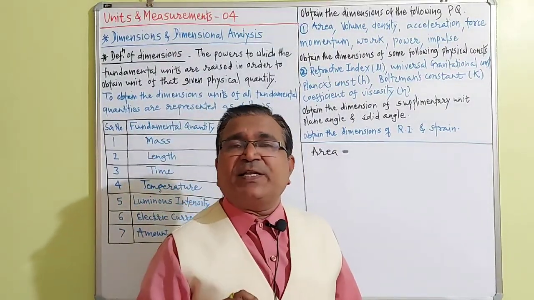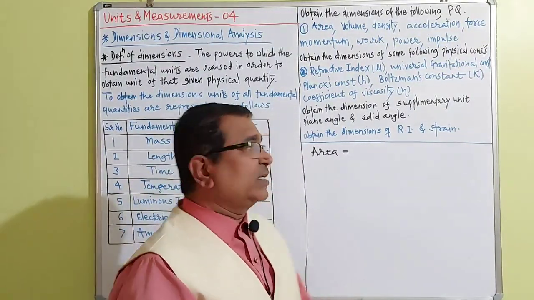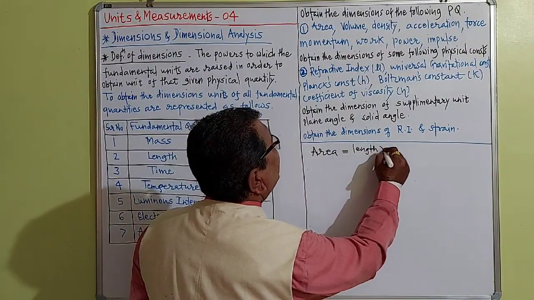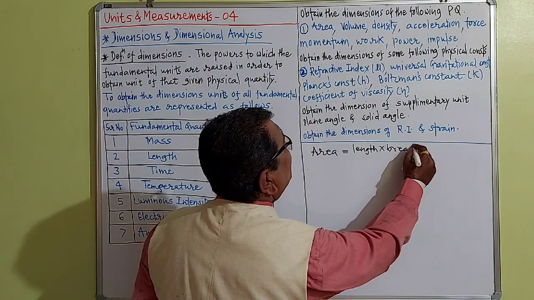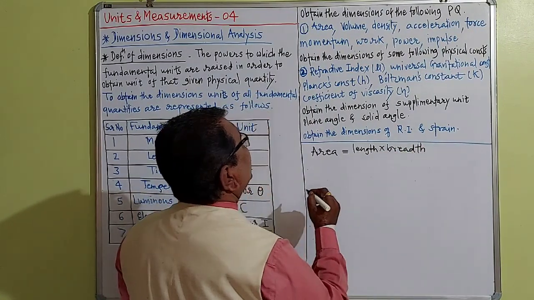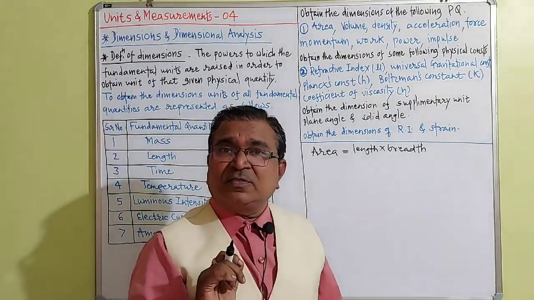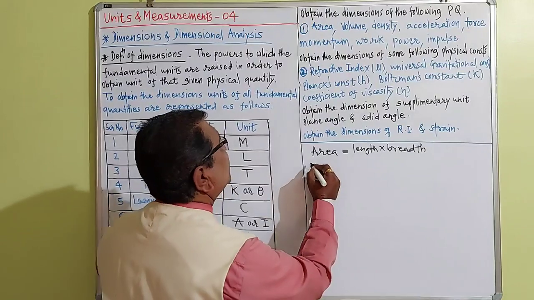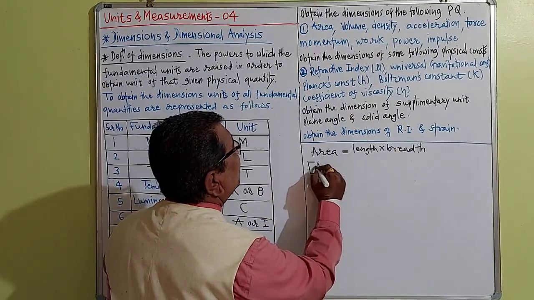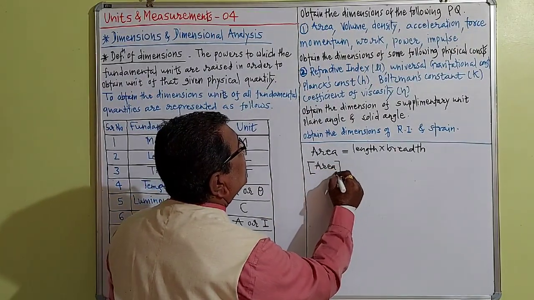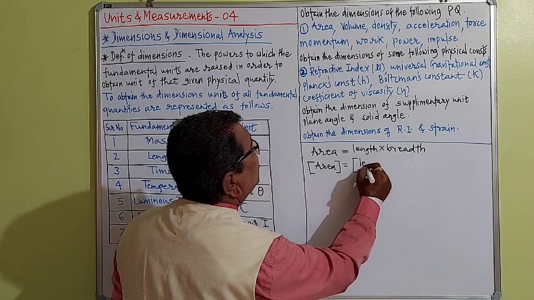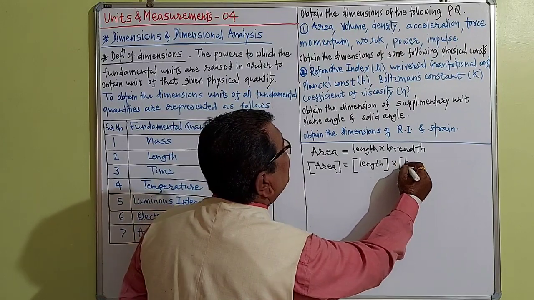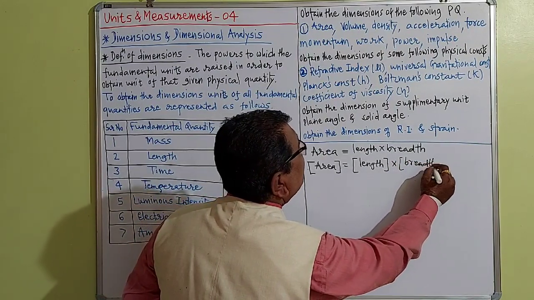Write down the formula of area in terms of fundamental quantities. Area is equal to what? Length into breadth. Area is equal to length into breadth. So this is the formula. So put the dimension sign on both sides. So how is it? Dimension of area is equal to dimension of length into dimension of breadth, like this.